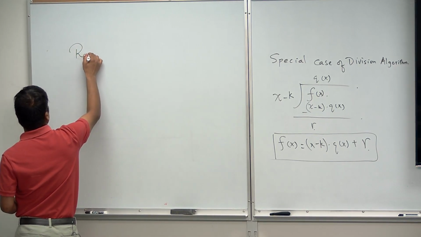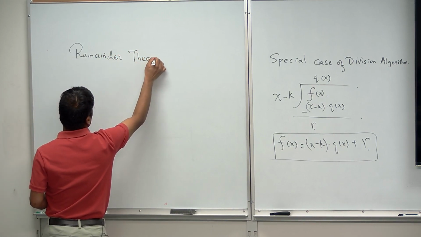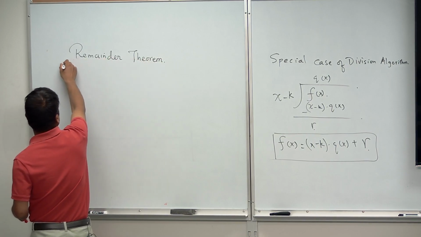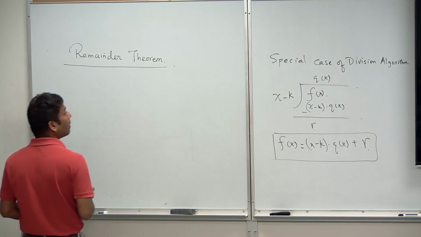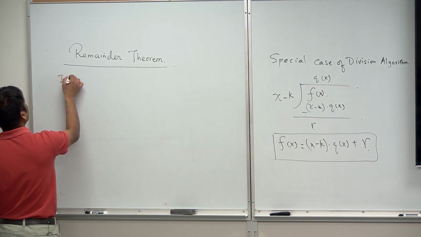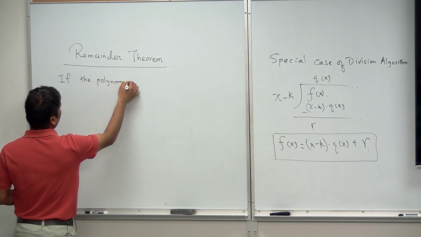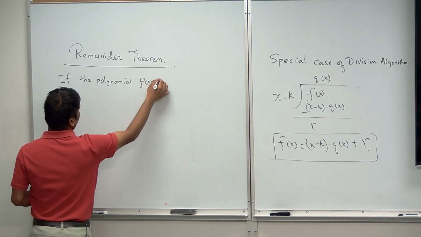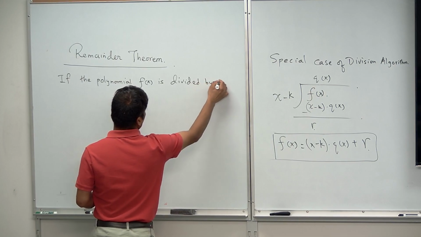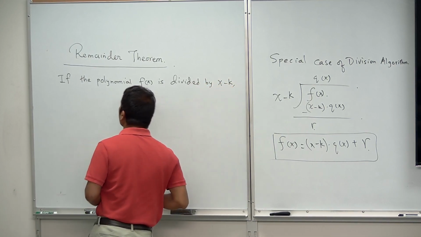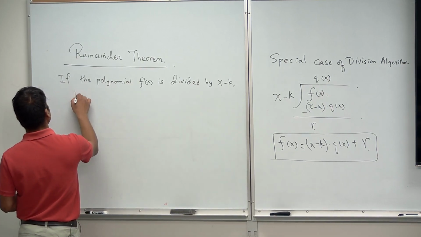Remainder theorem. If the polynomial f(x) is divided by x minus k, then the remainder is equal to what? f(k).